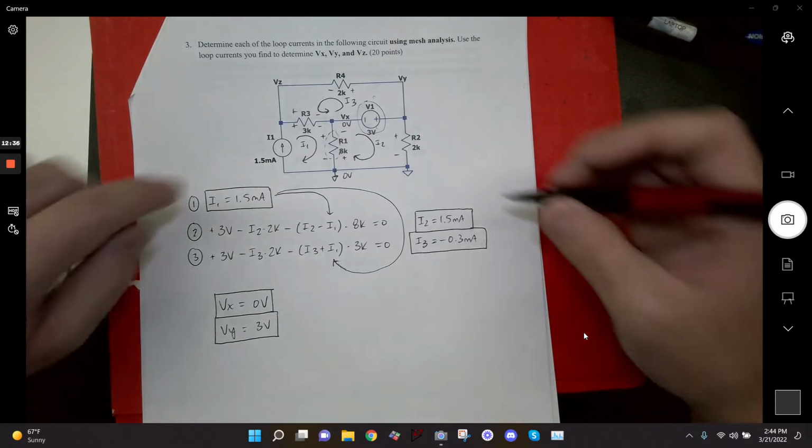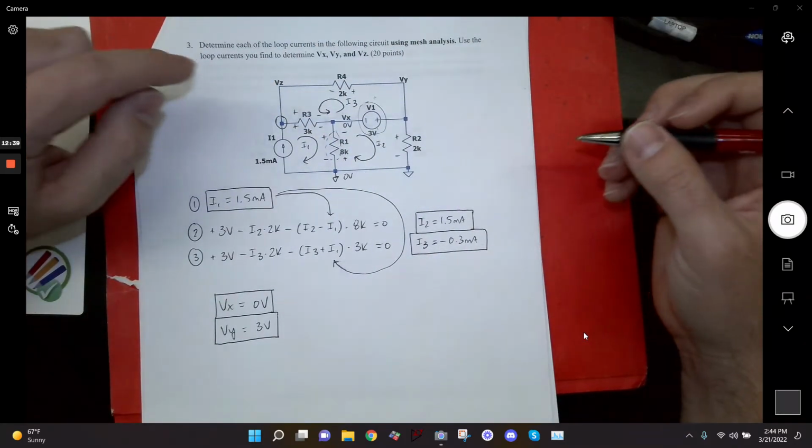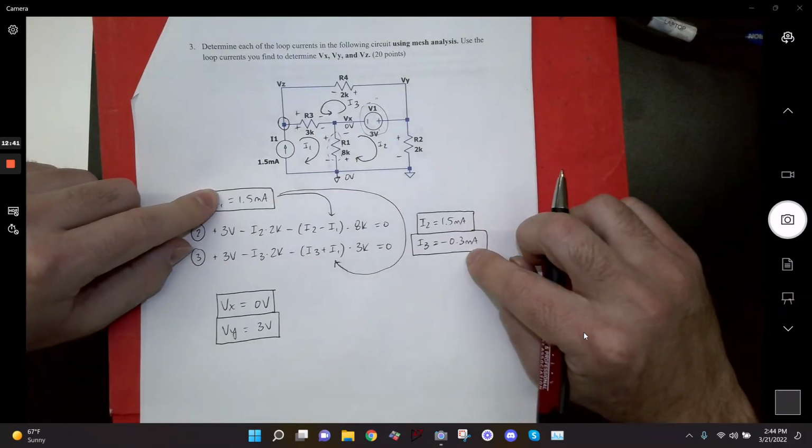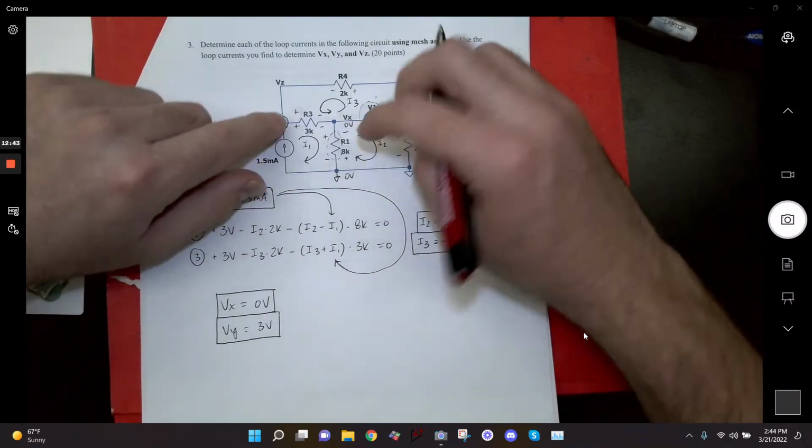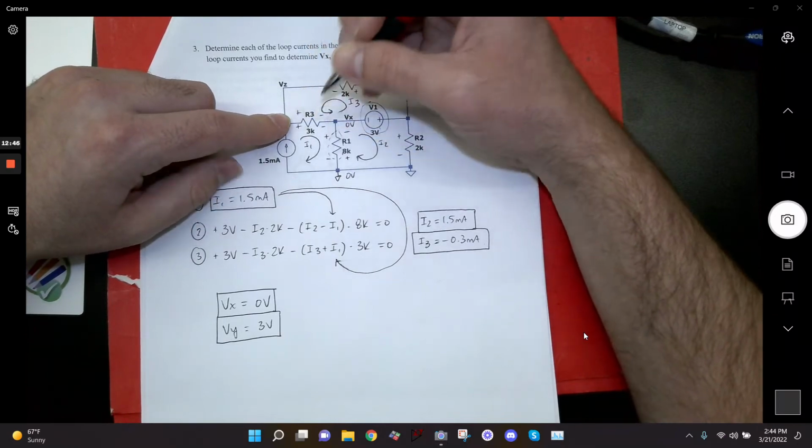And so now the last one I have to solve for is this voltage, Vz. Well, I know I1 and I know I3, right? I1 and I3 both flow through this 3K.